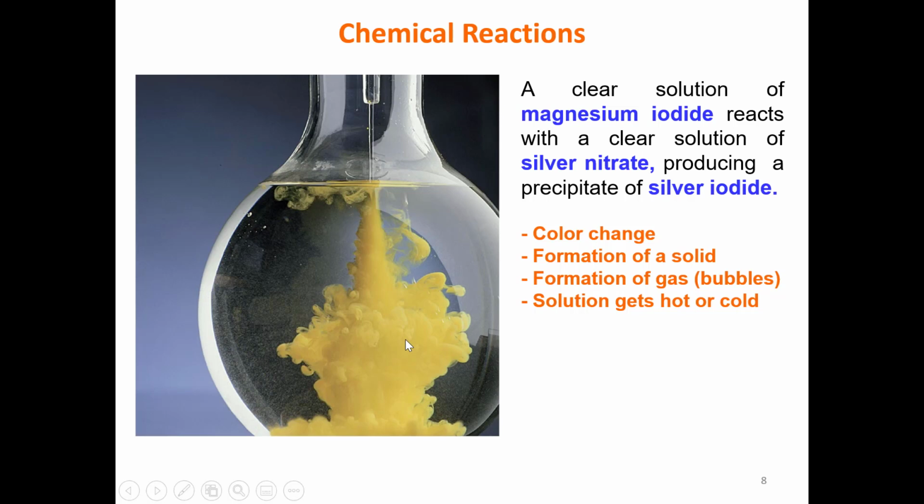So we can say a chemical reaction occurs if there is a change in color or formation of a solid, meaning there is a precipitation. Also, a chemical reaction occurs if there is formation of gas, for example, when bubbles are present during the reaction, or if the solution gets hot or cold.